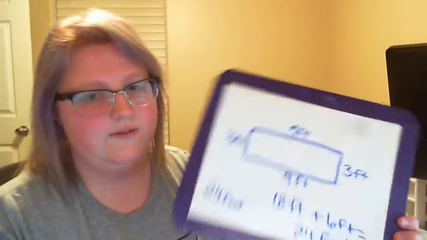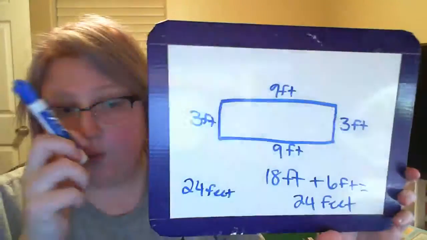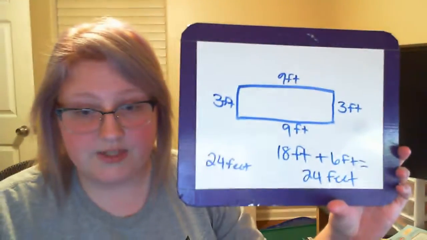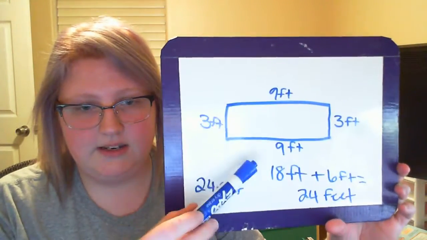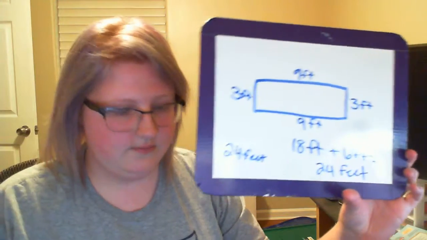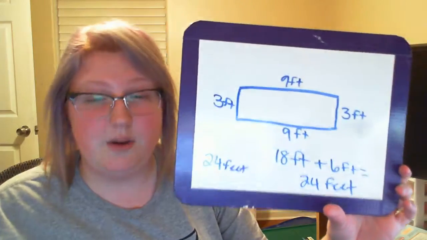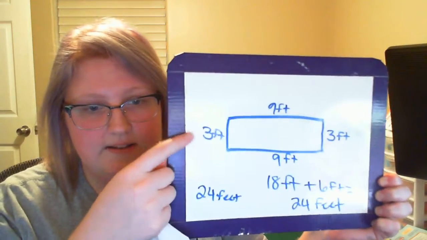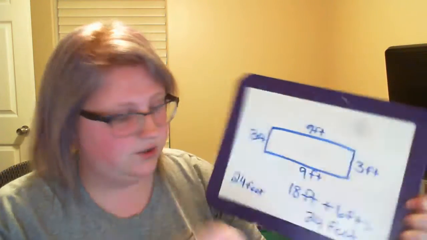Now, they still only have 24 feet of fence. Okay? This was their coop before: 9 feet, 9 feet, 3 feet, and 3 feet. But this time, they made it a little bit wider, which means that this side is going to change.